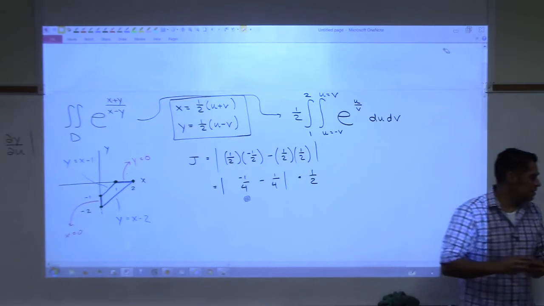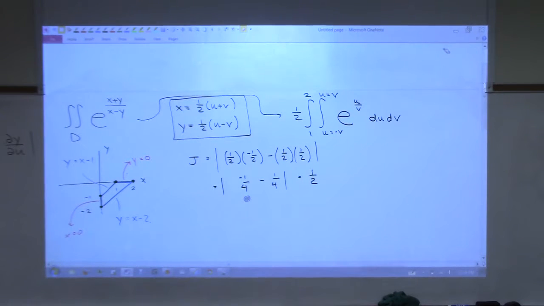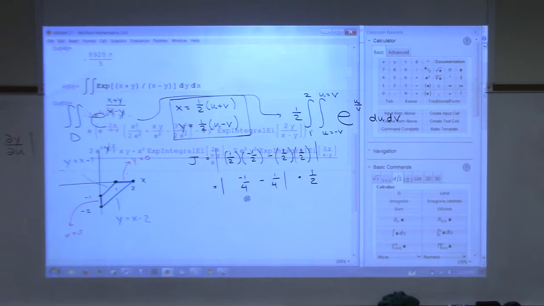Now I'm just curious what the computer will do if I type that in instead. So if I do exponential of u over v with respect to u, then v, that still had a little bit of trouble.